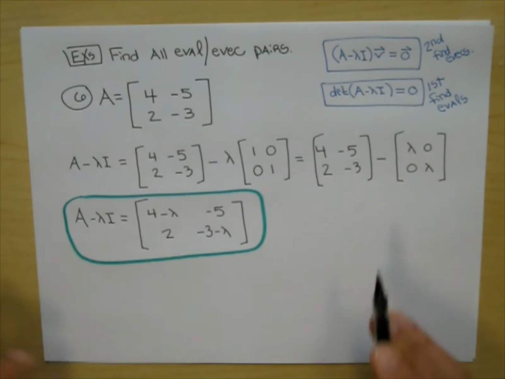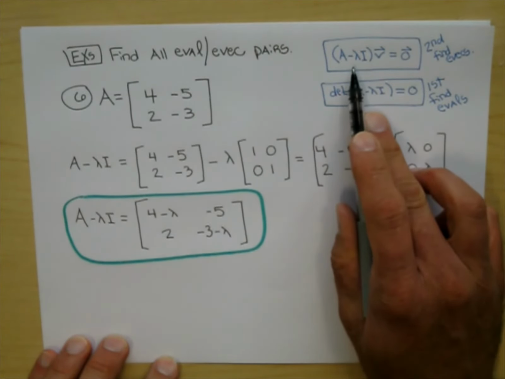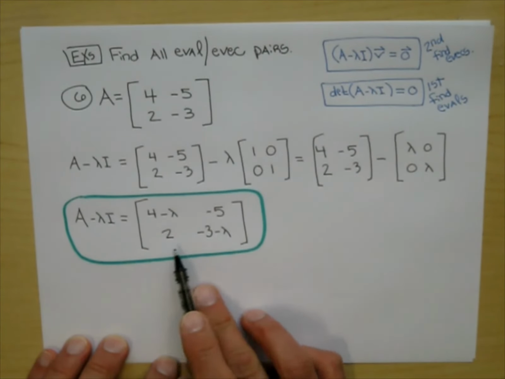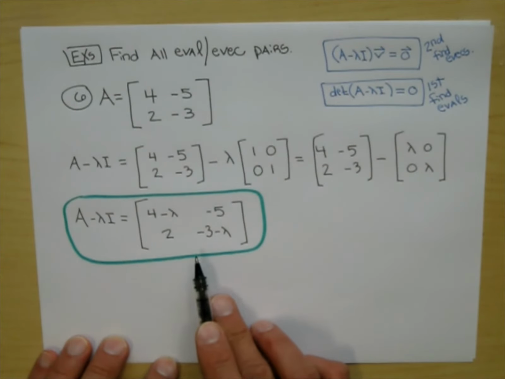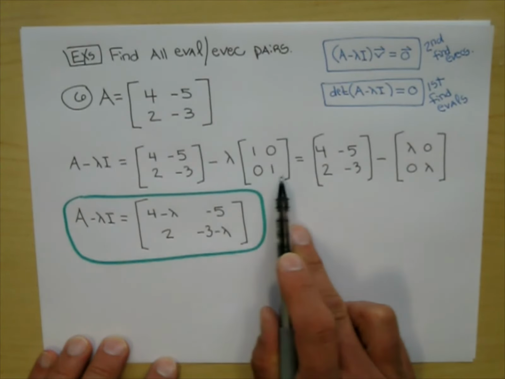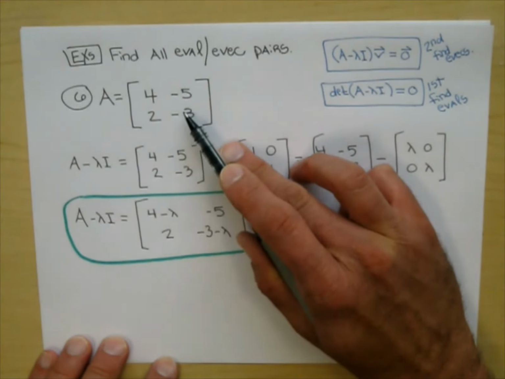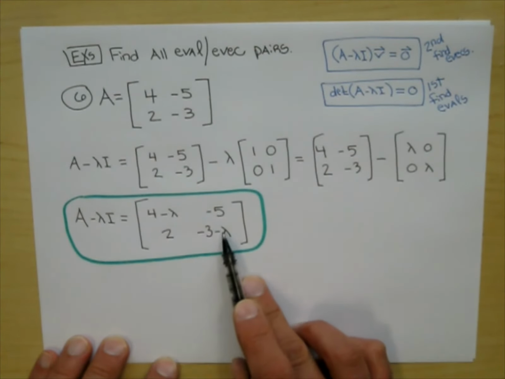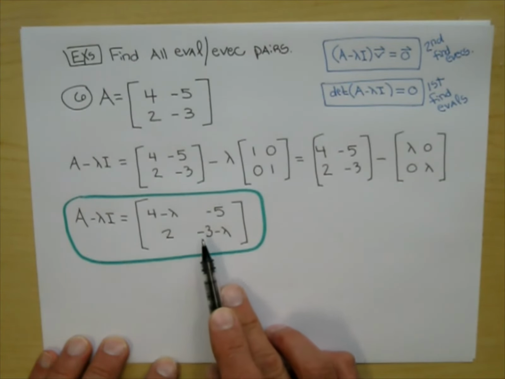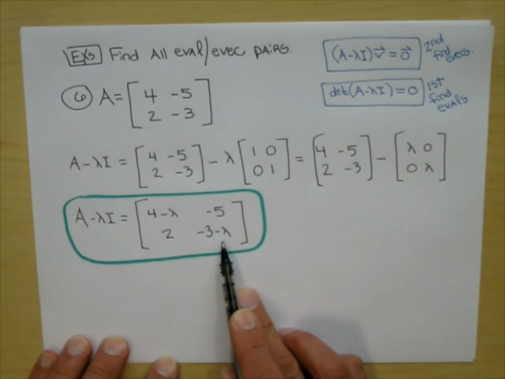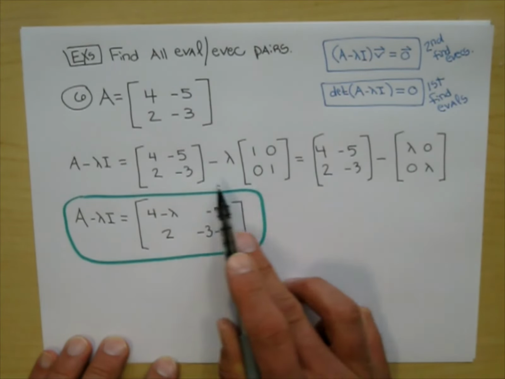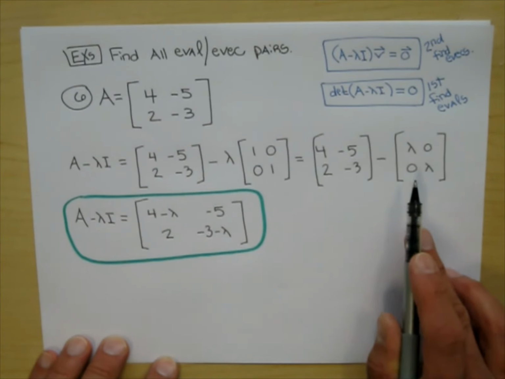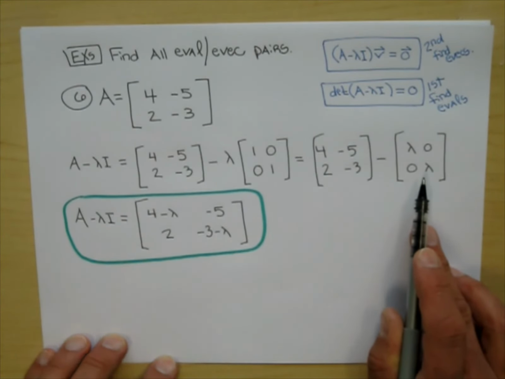This is important. It's in both of these equations here, and this is what we're going to use to find the eigenvalues and eigenvectors. Next time I do a problem, I'm not going to do all this, because really it's just this matrix A, but down the main diagonal I go minus lambda, minus lambda. You guys see that? So that's how I'm going to write A minus lambda I. Next time I'm not going to write that all out, but you can write that out if you'd like.